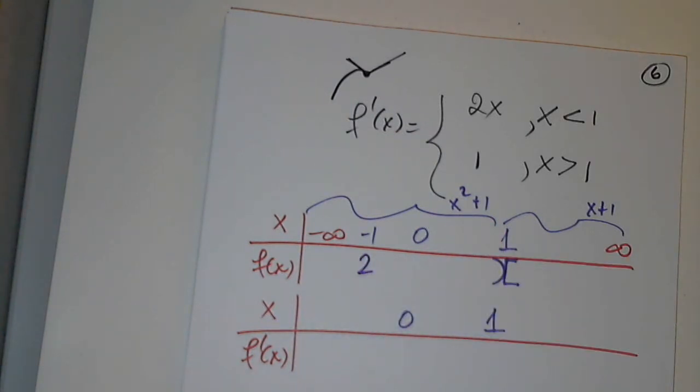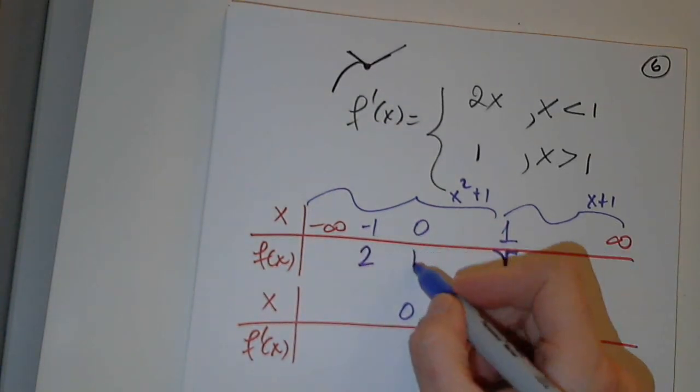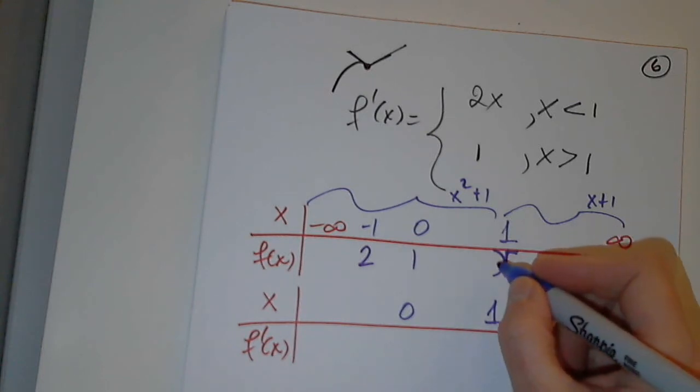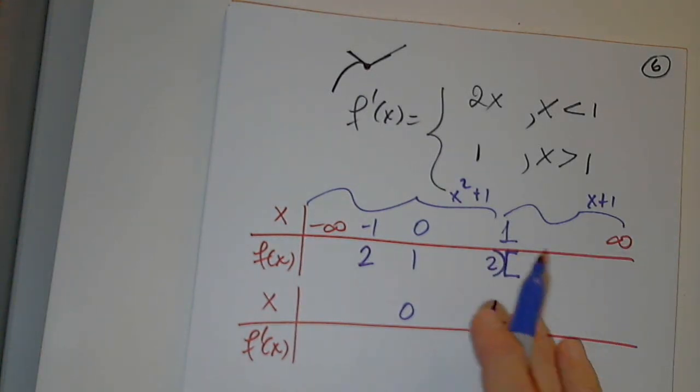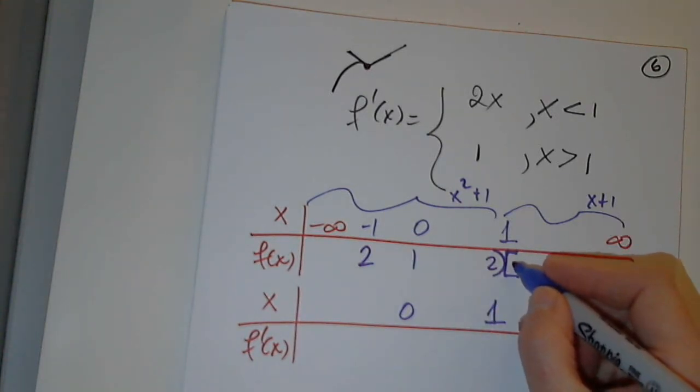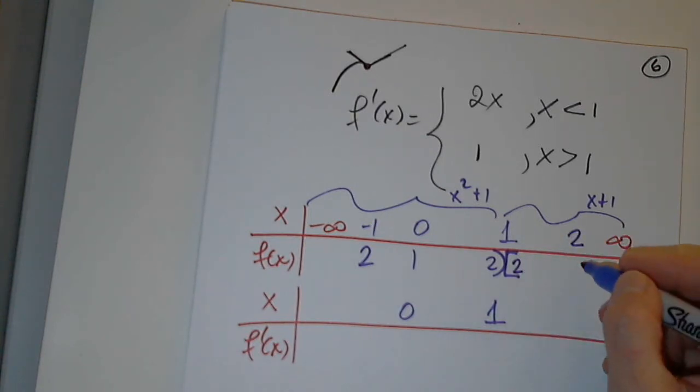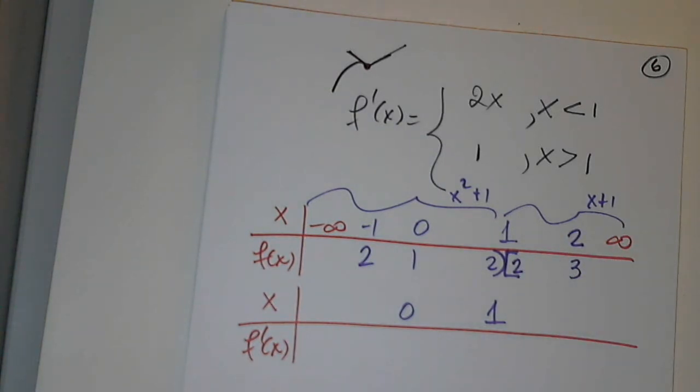When we plug in 0, we get? 1. Good. When we plug in 1, we get? 2. Good. On the other side, when we plug in 1, we get? 2. And when we plug in 2, we get? 3. Good. So it's very clear, even from the table, that this function is continuous at 1. There is no open point and full point. There is only one point that is full.